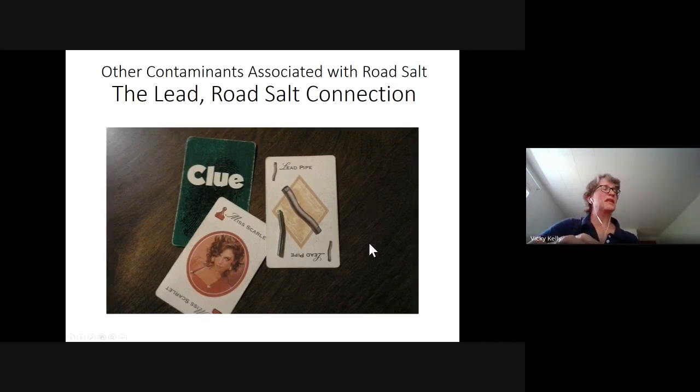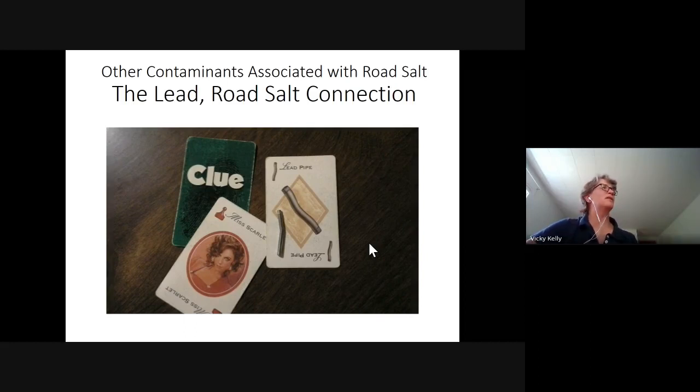That no longer is the case. I won't say there are none, but lead pipes are not found in houses anymore, but there are lead solder joints, and there's lead in fixtures like faucets and in the pipes of houses.